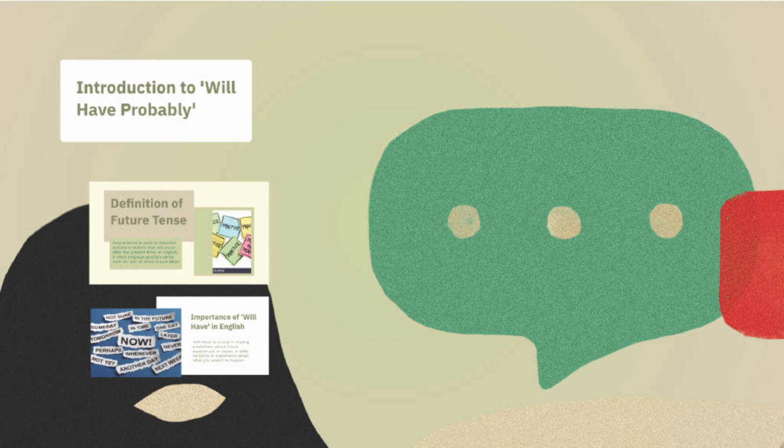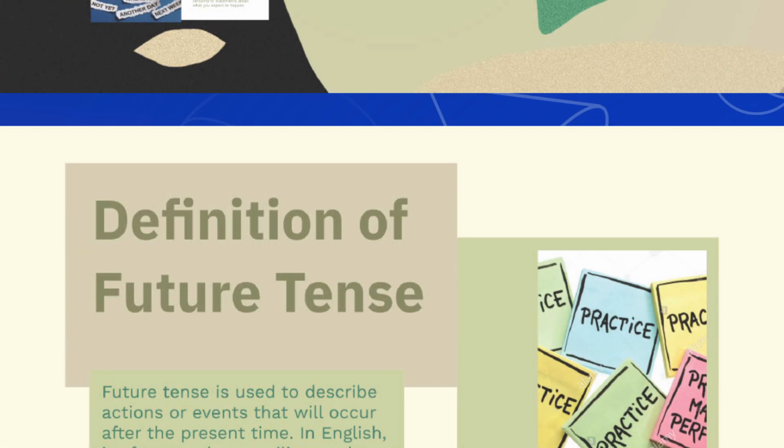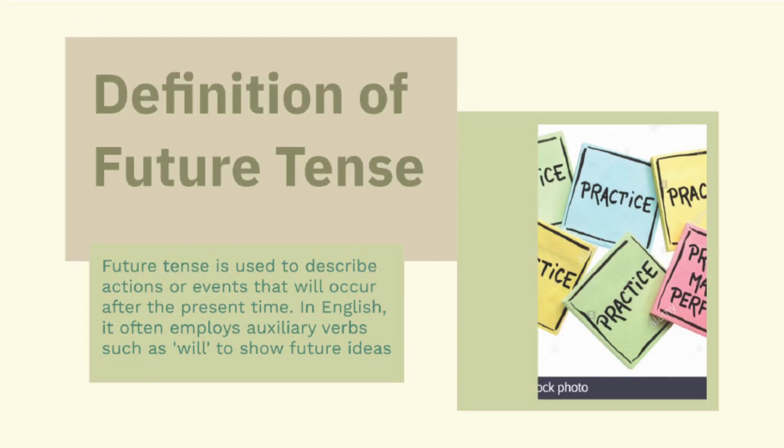To begin with, you're thinking about the importance and the definition of future tense. So that's all about actions that are occurring after this present time into the future. So in English, that often means we use auxiliary verbs such as will because we want to show future ideas.